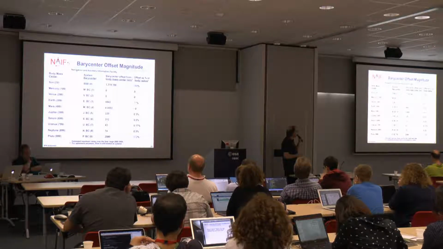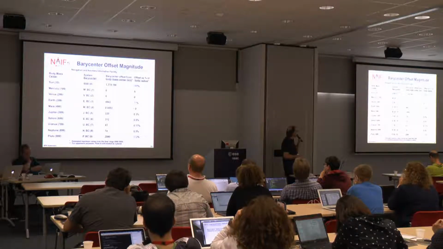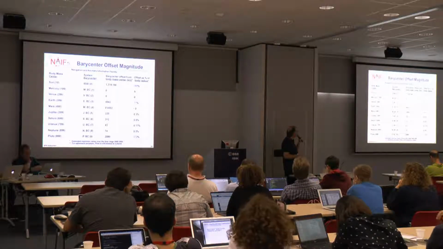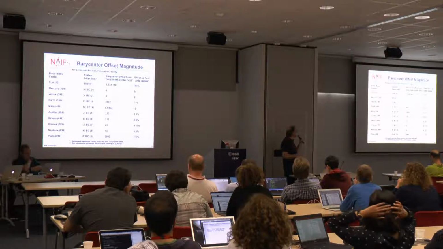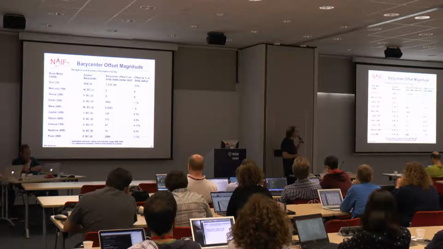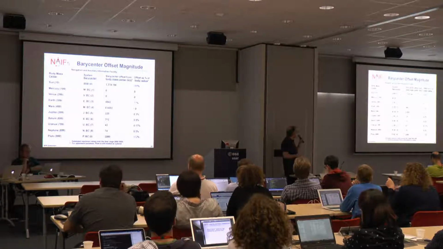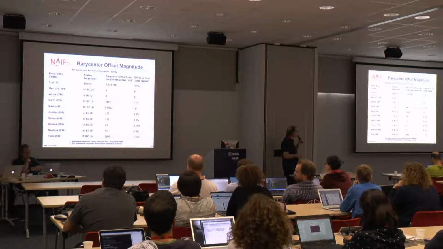We've got 0 barycenter offsets for Mercury and Venus; they have no satellites. The Earth barycenter offset can be a large fraction of the Earth's radius. For Mars, for a long time we treated the Mars barycenter offset as 0, but as you can see, we now have this little 20 centimeter offset, which is now modeled in the latest ephemeris, and so forth.